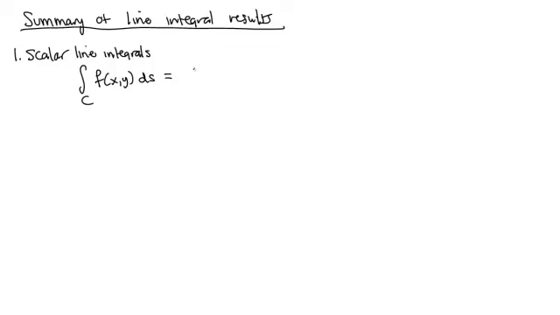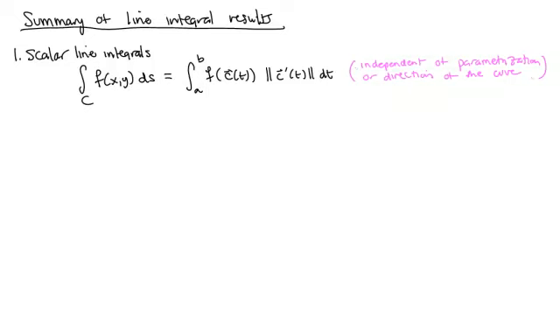The formula that tells us how to compute them is f of c(t) times the speed, which is the magnitude of c'(t), dt, evaluated from t equals a to b. That's our one and only formula, but it's worth pointing out that it's independent of the parameterization or the direction of the curve.